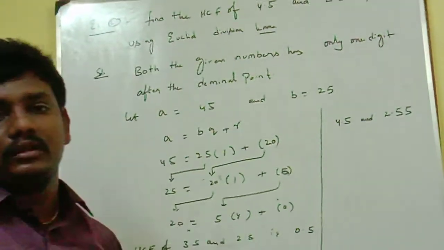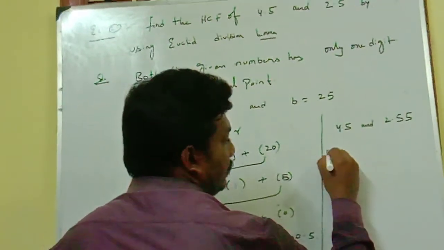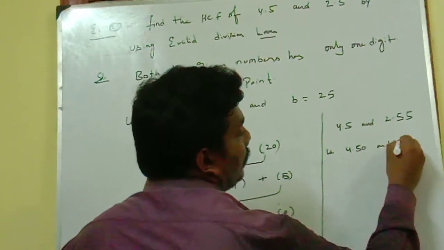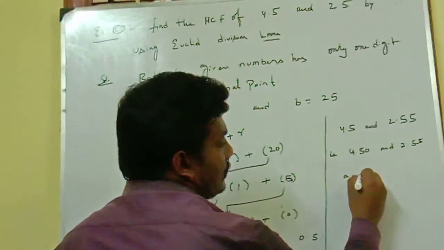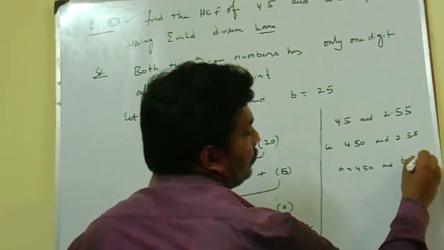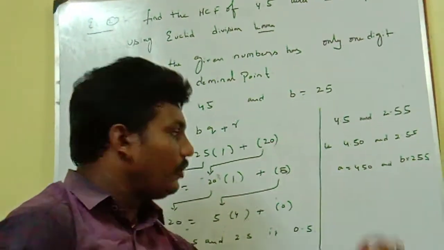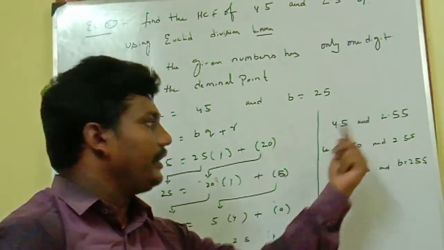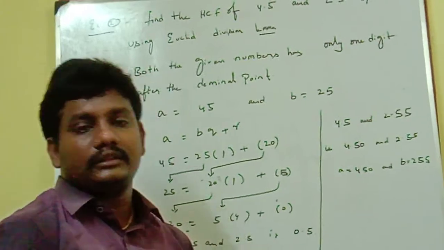How to solve this problem? Here we take 4.50 and 2.55. Now take A equals 450 and B equals 255, and you can proceed. Once you get the HCF finally, take 2 digits before the point, then we get the answer as the HCF. Okay students, it is very clear now.